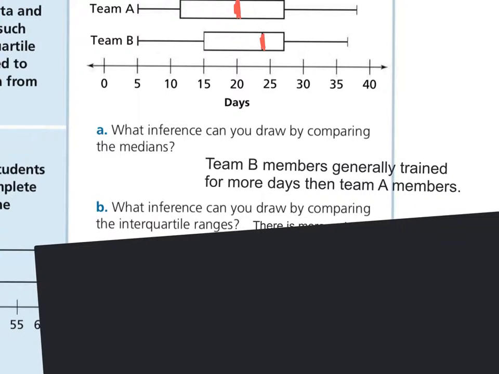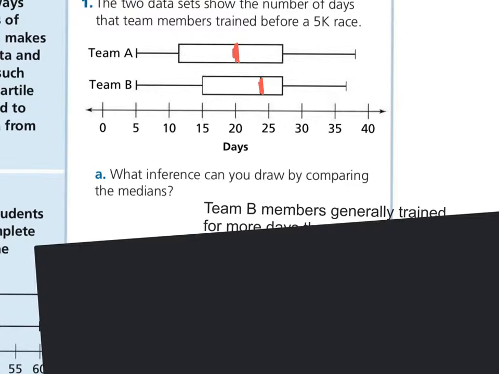And then if we look at part B, what inference can you draw by comparing interquartile ranges? Remember, interquartile range is the difference between where the boxes start and end. It's looking at that middle 50%. You could actually subtract those if you wanted to. You could kind of just visually look at it here. Just with how these boxes happen to show up and how they both happen to end at the same spot, you could maybe figure it out without actually calculating the interquartile range.